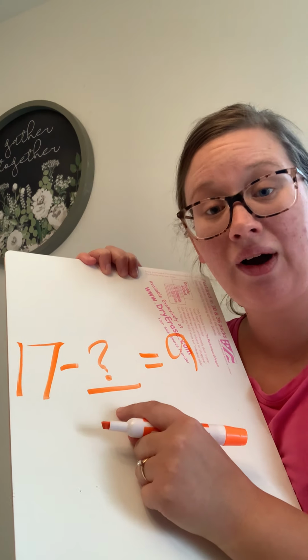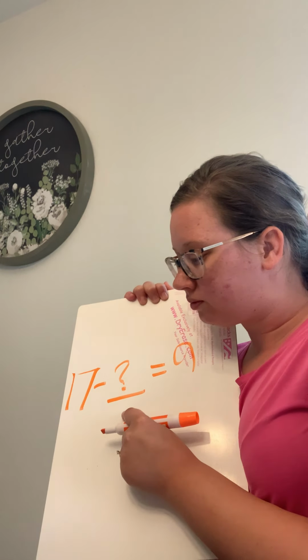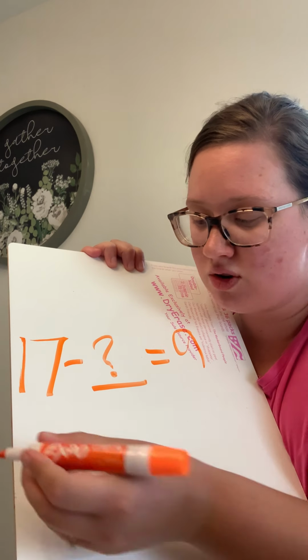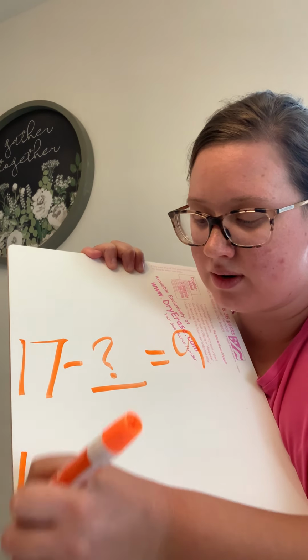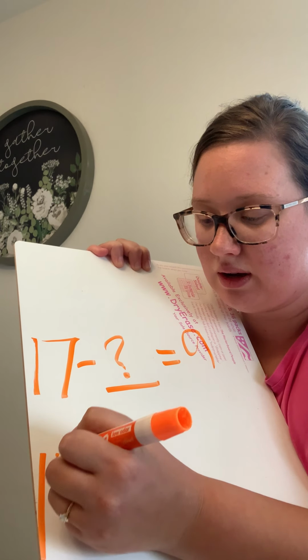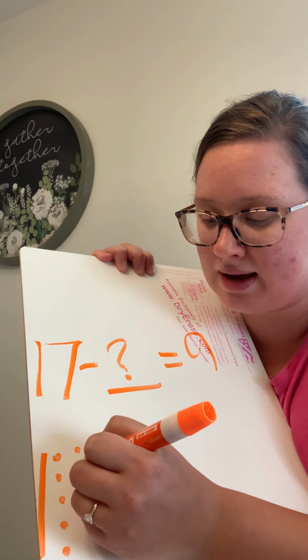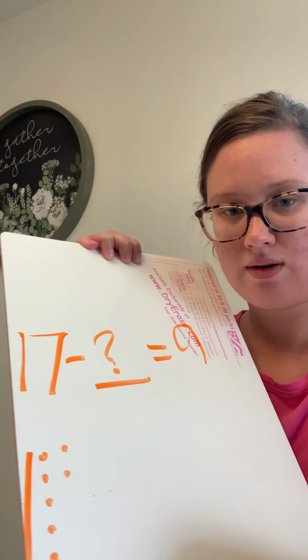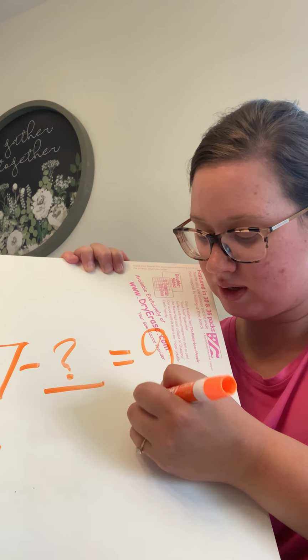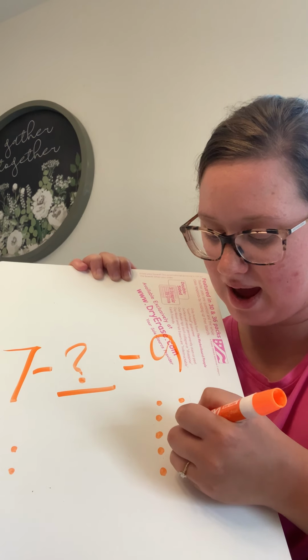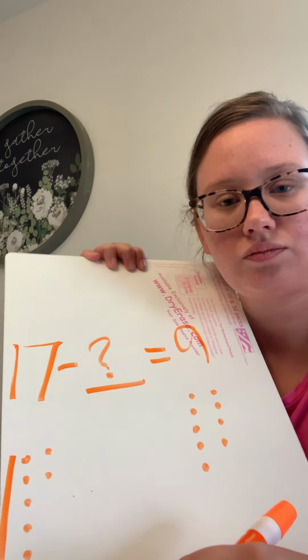So we have to find out how many the children ate. So I'm going to use my rods and my units again. So here's 10, 11, 12, 13, 14, 15, 16, and 17. 9. 1, 2, 3, 4, 5, 6, 7, 8, and 9.